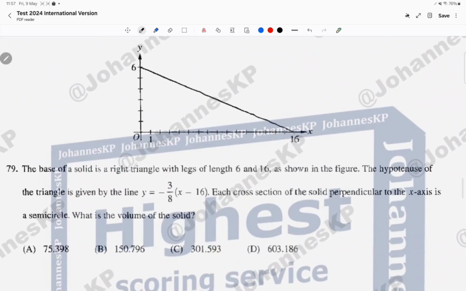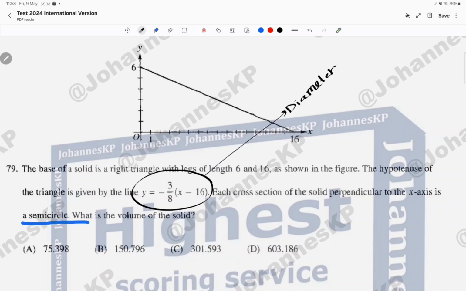79. They're saying it's a semicircle. Whenever they say the cross section is a semicircle, that means the equation they gave you is, actually wait, here it says the hypotenuse. So this is going to be the diameter, what they gave you.